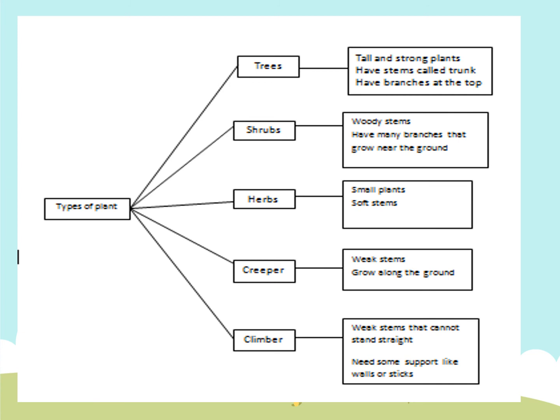Example of creepers are muskmelon, watermelon, and then climbers. What are climbers? Weak stems that cannot stand straight and need some support like walls or sticks. Example grape vine, pea plant or money plant.